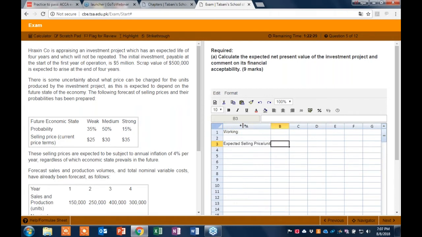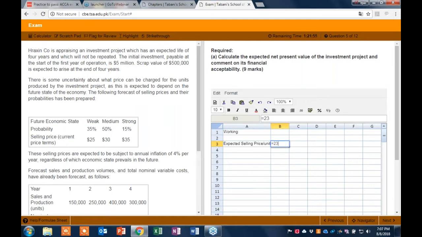Since we don't know what the price will be for this project, we need to calculate the expected price using the expected value approach. So what we have to do is to just pick up all the expected prices and multiply them with their respective probabilities, and then sum them all to find the average selling price or the expected selling price. So 25 is what we expect when there will be a weak economic state, and the weak economic state will have the probability of 35%.